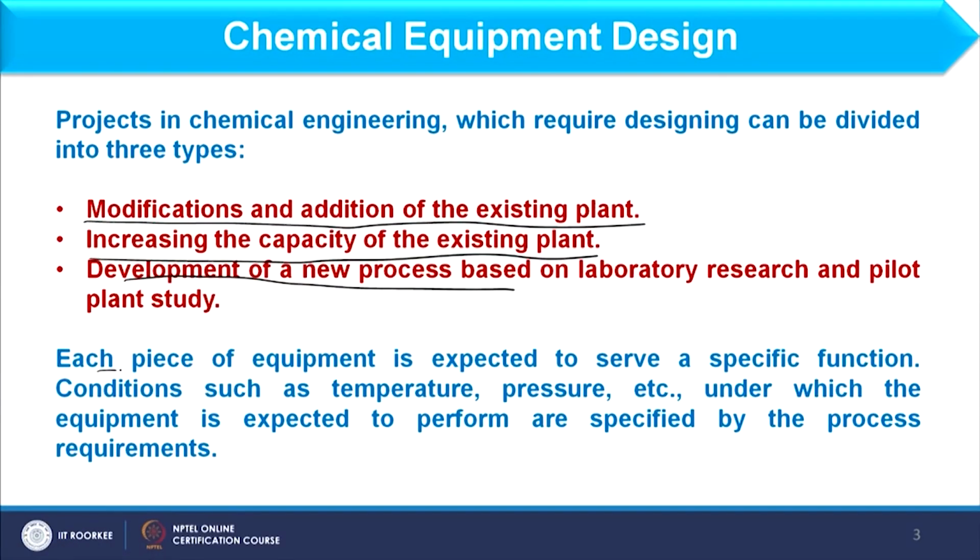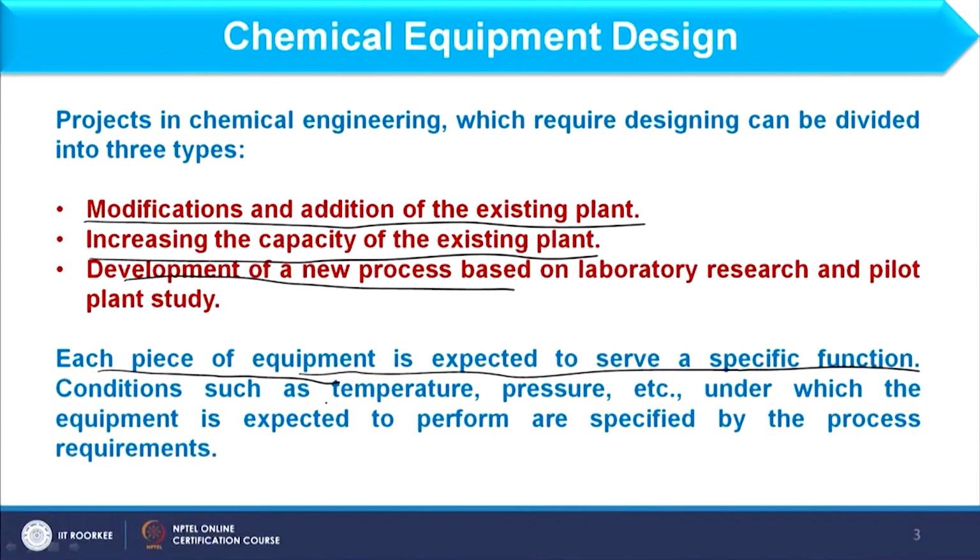Further, each piece of equipment is expected to serve a specific function. Whatever equipment I am considering would be for a particular service in a process. One equipment cannot provide all services; it is used only for particular services, and that depends on temperature and pressure condition.